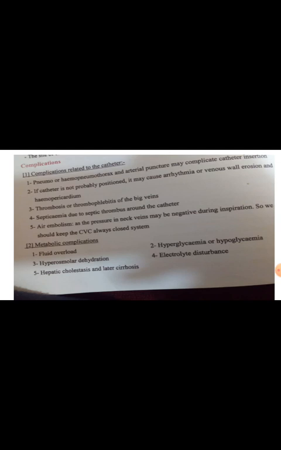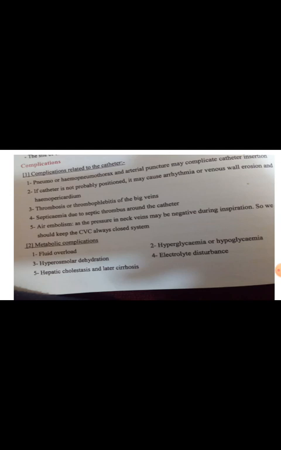There are also metabolic complications: high glucose intake leading to hyperglycemia, low glucose intake leading to hypoglycemia, fluid overload from increased intake of water in the TPN, and hyperosmolar dehydration, where increased osmolarity of the TPN leads to dehydration with decreased water intake. So it may be fluid overload or fluid dehydration.